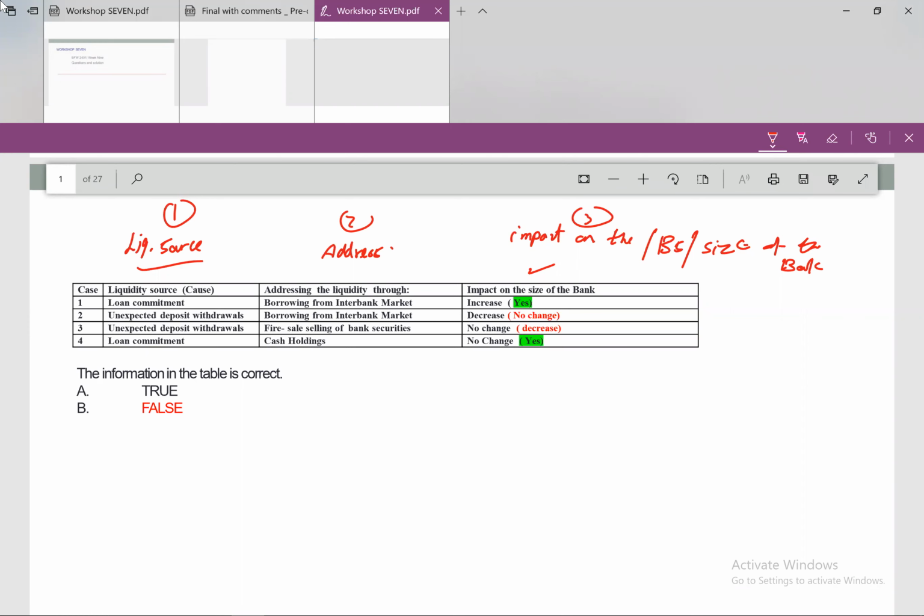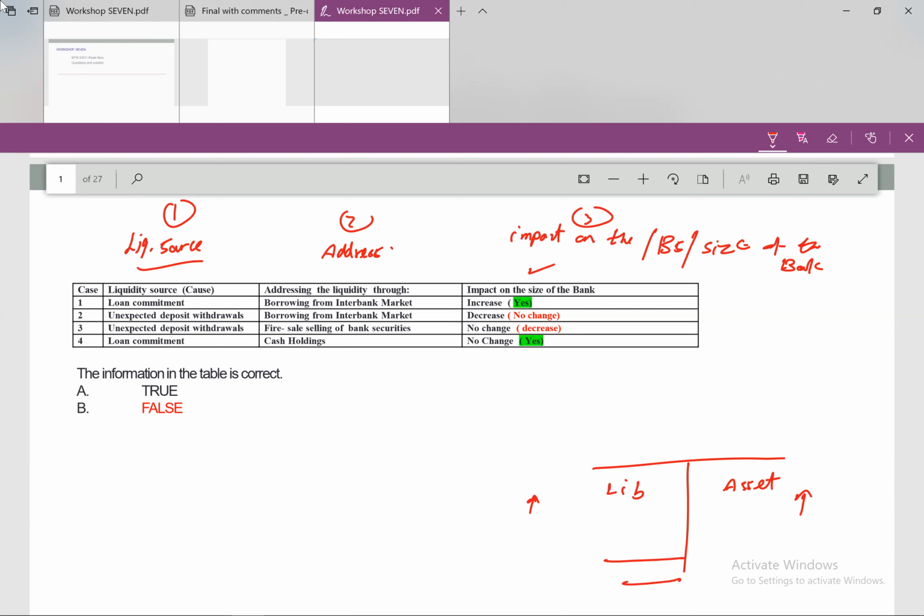So if we have a loan commitment, which means we paid, if we address it through borrowing from the interbank, then the assets will increase by this, and the liability I borrow will increase.